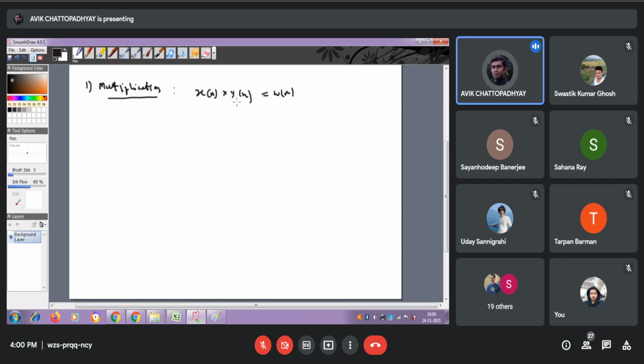That means the corresponding samples will be multiplied. In general, the ith sample of x, for n equals i, will be multiplied by the ith sample of y, and ultimately that will produce what is called wn. So it is simply xn into yn equals wn, like simple multiplication of two signals or two sequences in general.